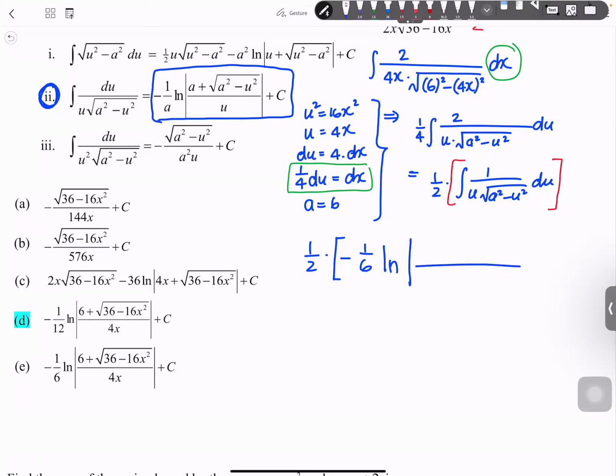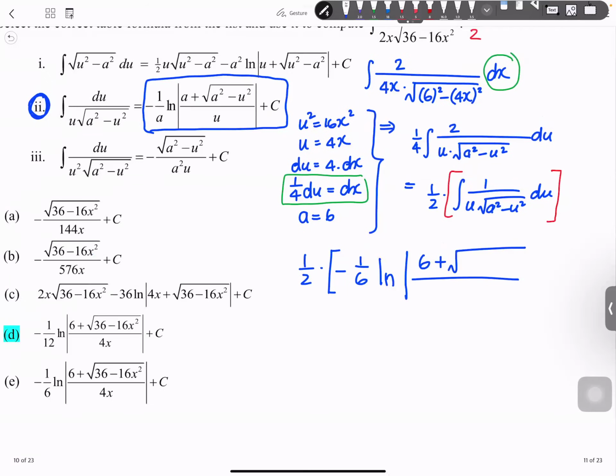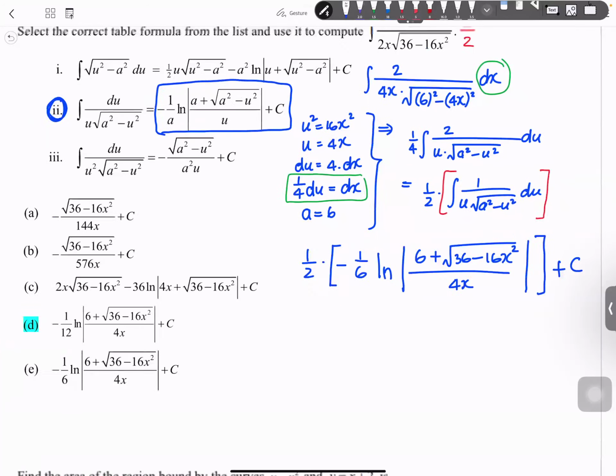And then we have a fraction. We have a plus, so that would be 6 plus square root of a squared minus u squared. So that's going to be square root of a squared minus u squared. That's 36 minus 16x squared, all over u, and u is equal to 4x. All right, close that, close bracket, plus c.